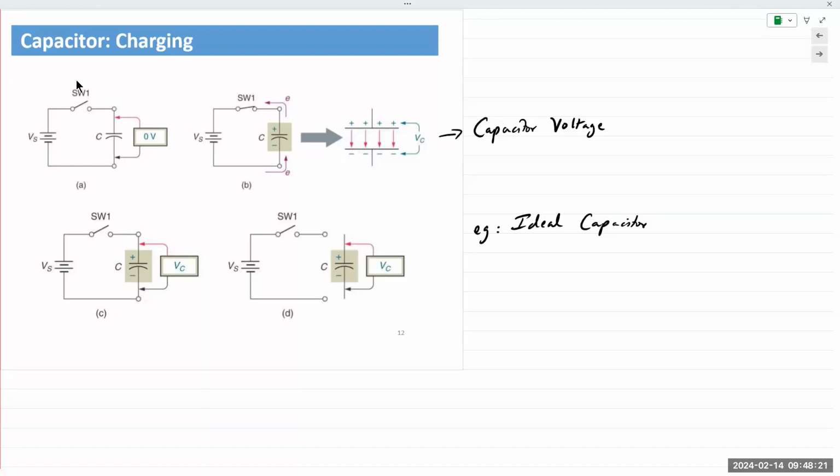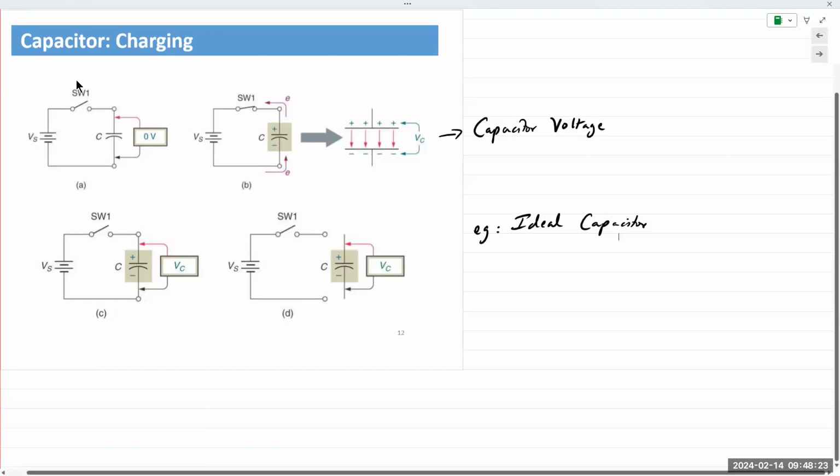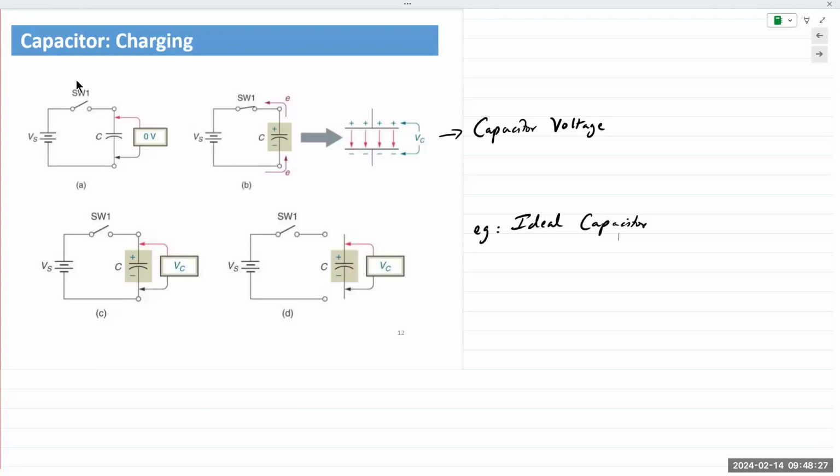For an ideal capacitor, of course, we remove it and you can see the charge in that capacitor. There are some videos online where they take charged capacitors, like big ones, and take them out of a circuit once they reach full charge, and they short the two terminals together. What do you think happens? Small spark. Well, small depends on the size of the capacitor and the voltage it's been charged to.